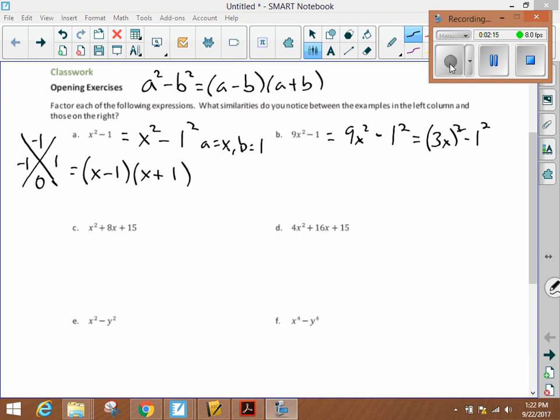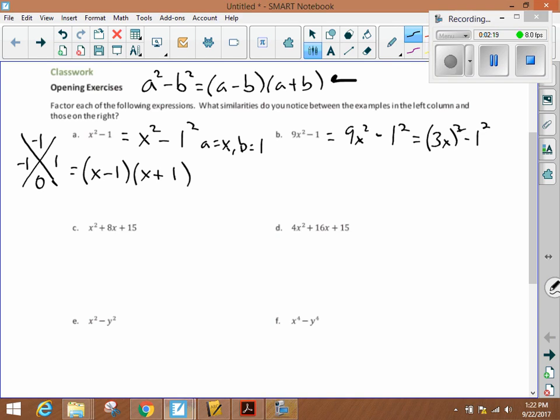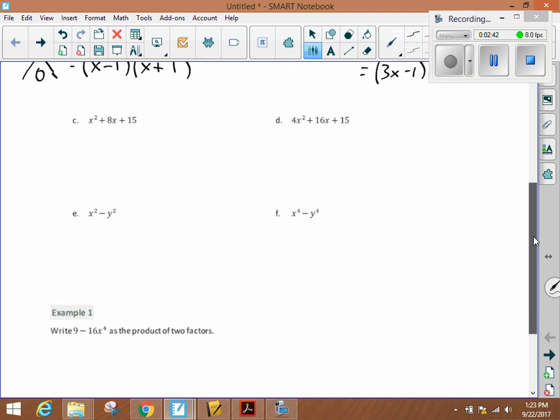So a would be 3x and b would be negative 1. And then I can just plug them in, so that would give me 3x minus 1 times 3x plus 1. And if you FOIL that thing out, you're going to see that clearly those two things are equivalent. They are the same.